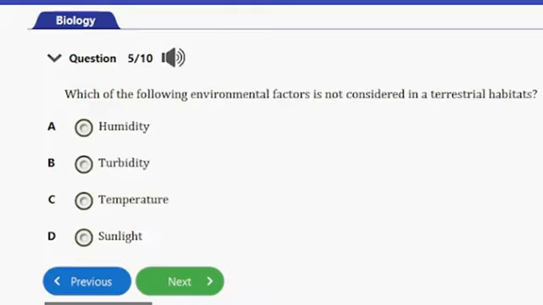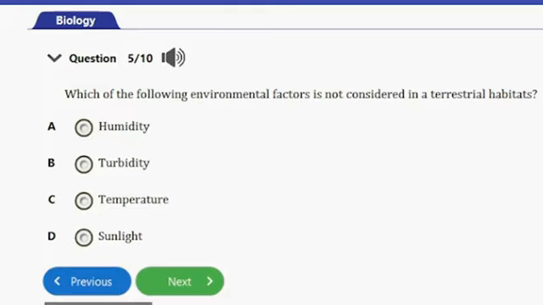The next question is question number 5 here. It says, which of the following environmental factors is not considered in a terrestrial habitat? We have A. Humidity. B. Turbidity. C. Temperature. D. Sunlight. So guys, the answer to this question is option B here, and that's turbidity.